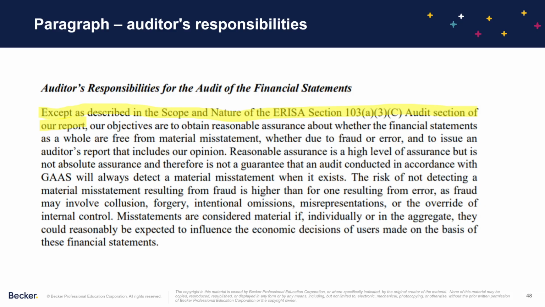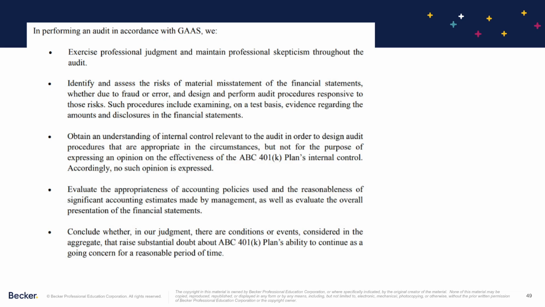So basically saying, hey, we didn't do this for everything. Then you'll notice that the next few items are exactly the same, right? So it looks very much like our traditional audit opinion. However, when we get to the end here, we do add a little bit. So the next couple of bulleted slides are the same.